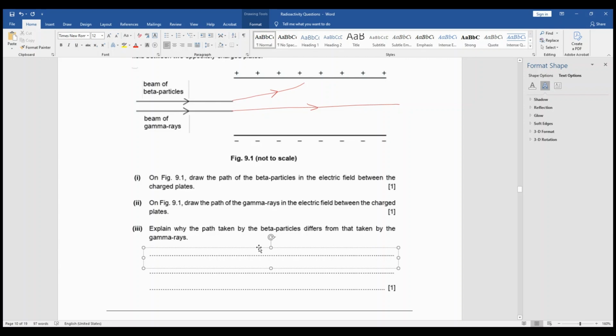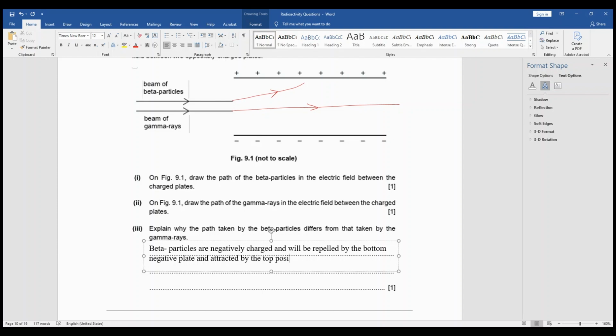Beta particles are negatively charged and will be repelled by the bottom negative plate and attracted by the top positive plate.